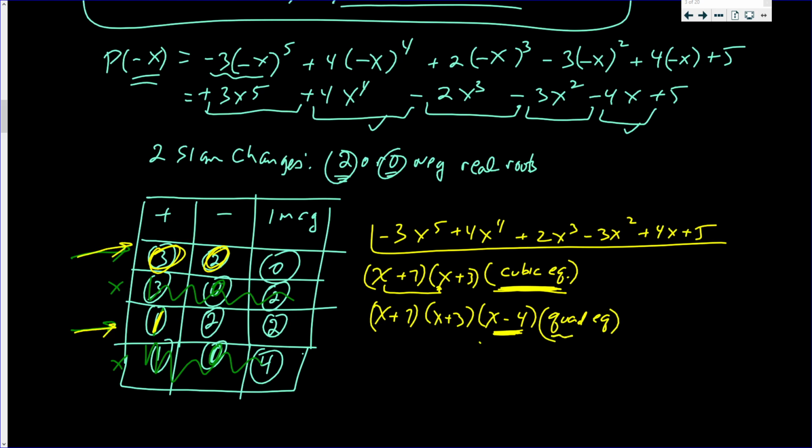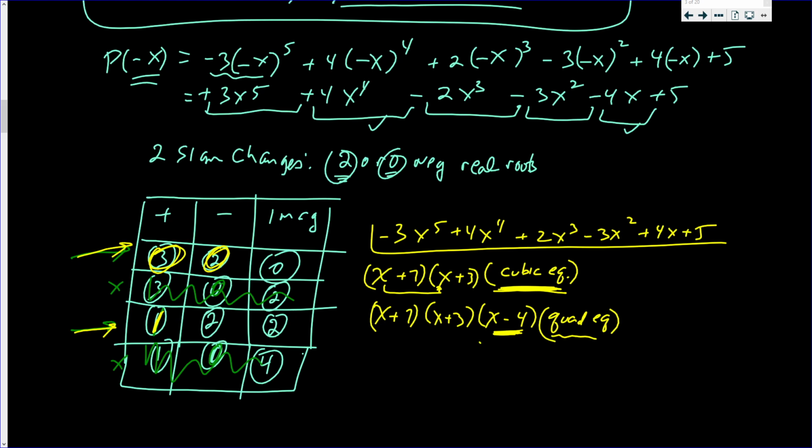But once you have a quadratic, you can maybe factor it by inspection, you can factor it by grouping, you could factor it by completing the square, you can use a quadratic formula. Once you get down to quadratic, you can find the last 2 roots. Okay, you can find them.